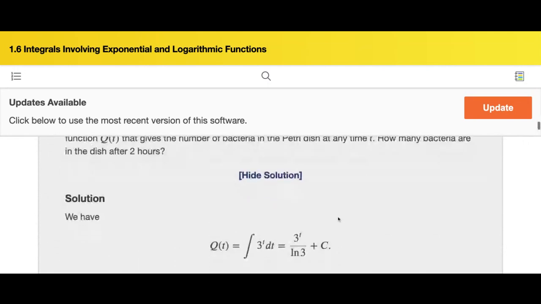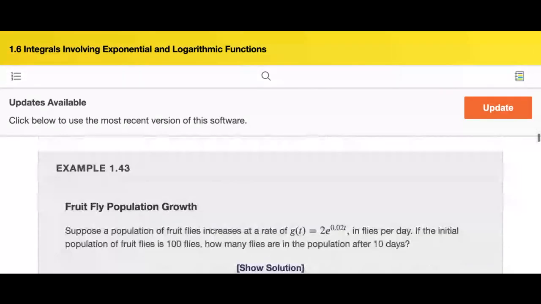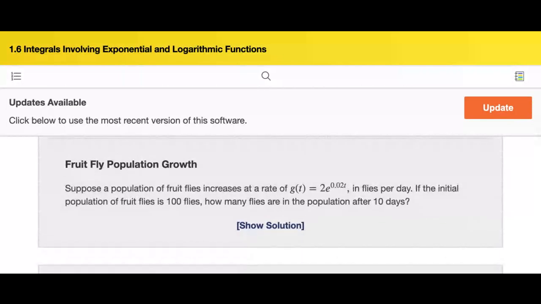All right, okay, let's see this one. Fruit fly population growth. Suppose a population of fruit flies increases at a rate of g of t equals 2 times e raised to 0.02t, in flies per day.